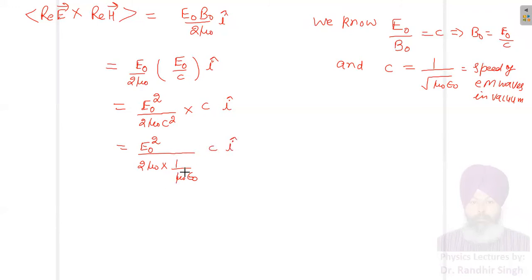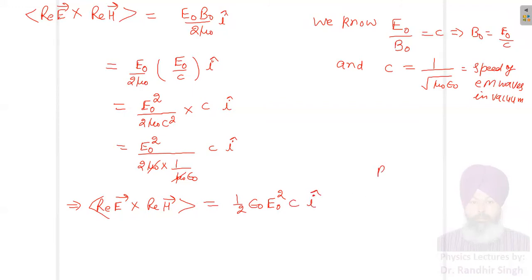Mu 0 and mu 0 will get cancelled, and epsilon naught will go to the top. So therefore the real of E cross product with the real of H and its average value will be equal to half epsilon naught E naught square c i cap.